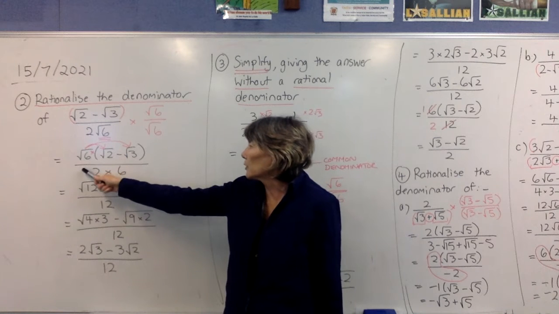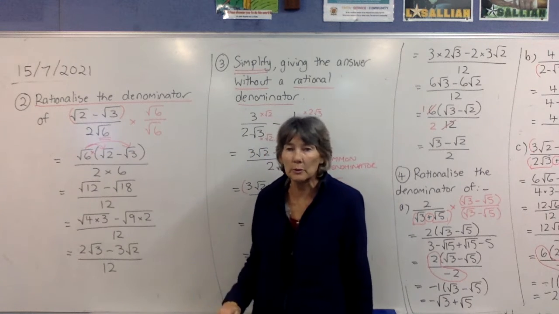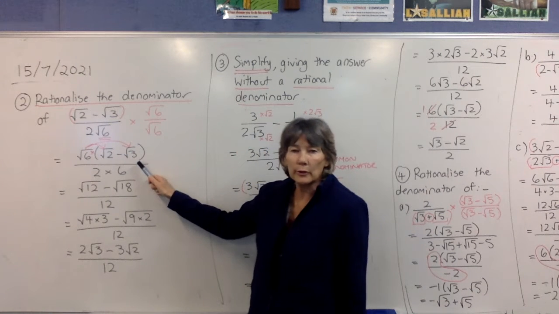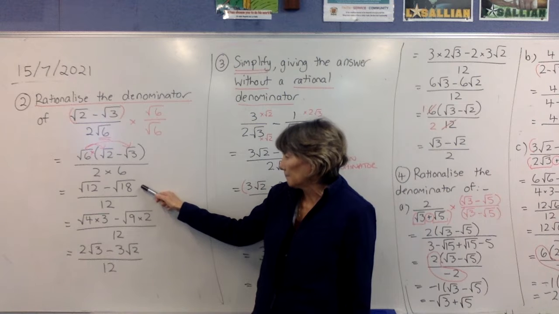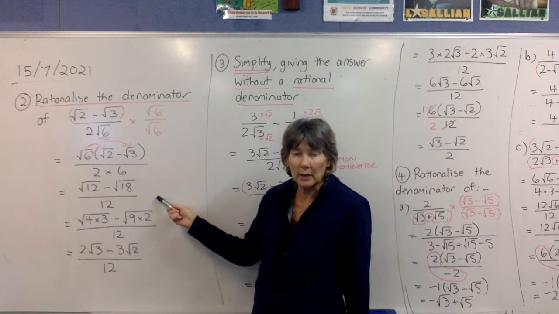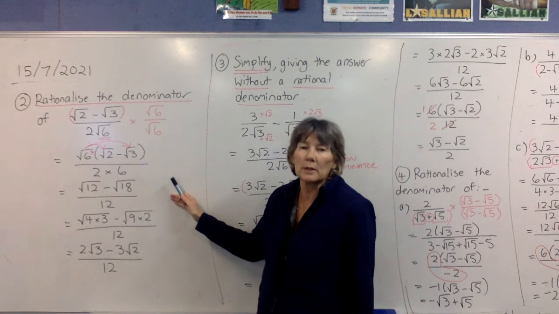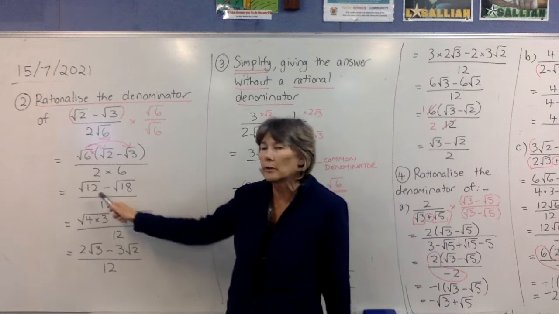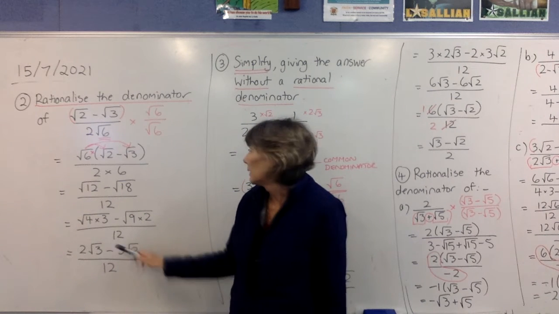Now we can expand on the top. Root 6 times root 2 is root 12. And then root 6 times minus root 3 is minus root 18. At that point, it may be okay to leave it there, but you're never too sure what's going to happen with surds. So I've simplified the two surds on the top just to see what would happen.